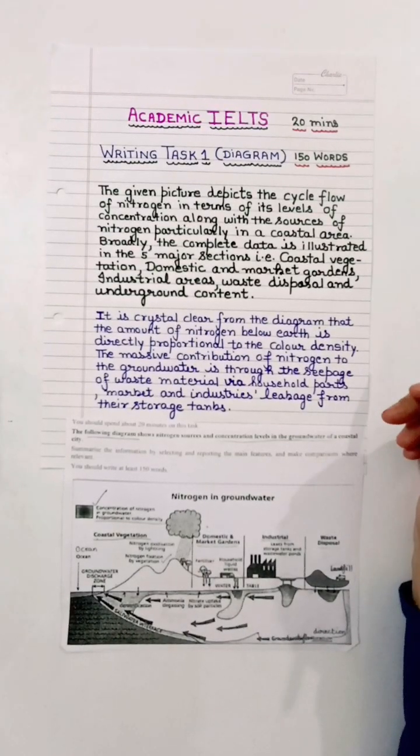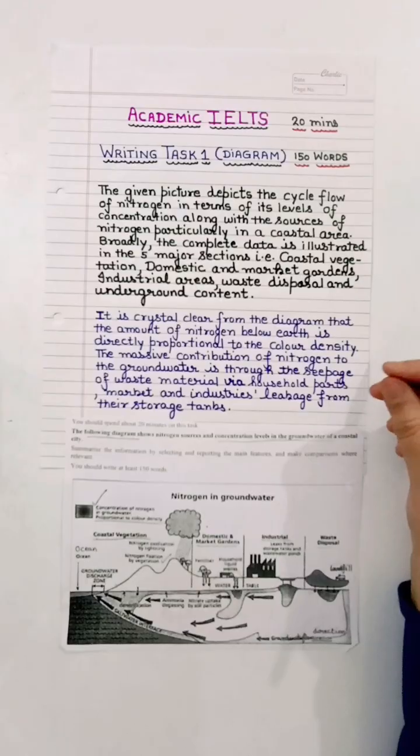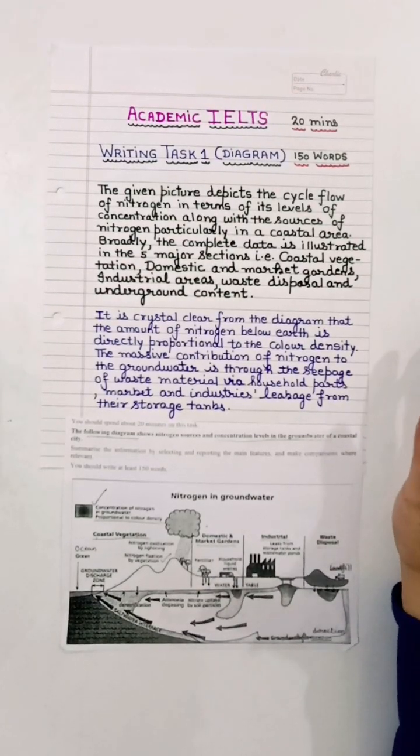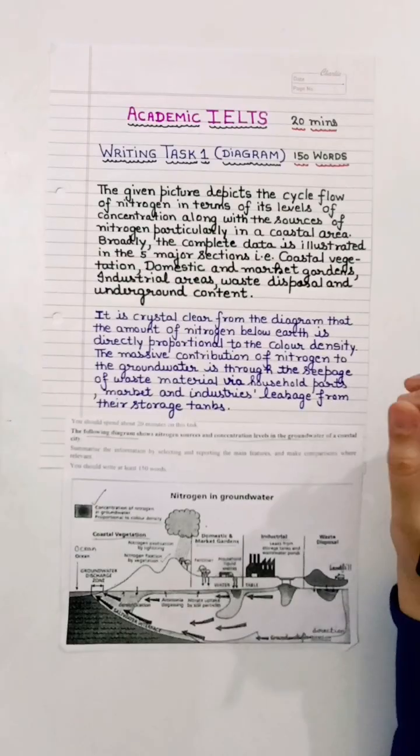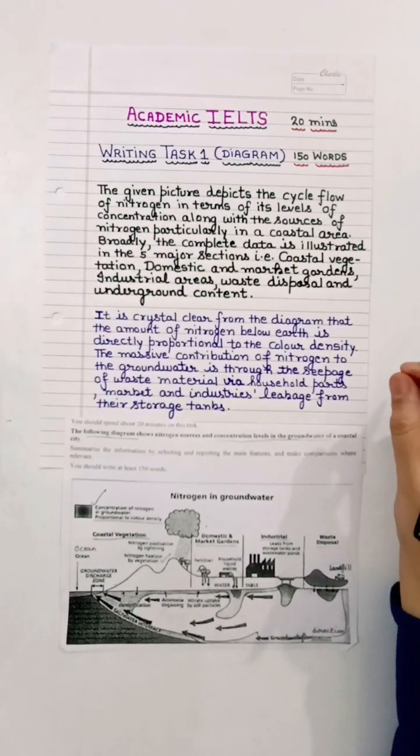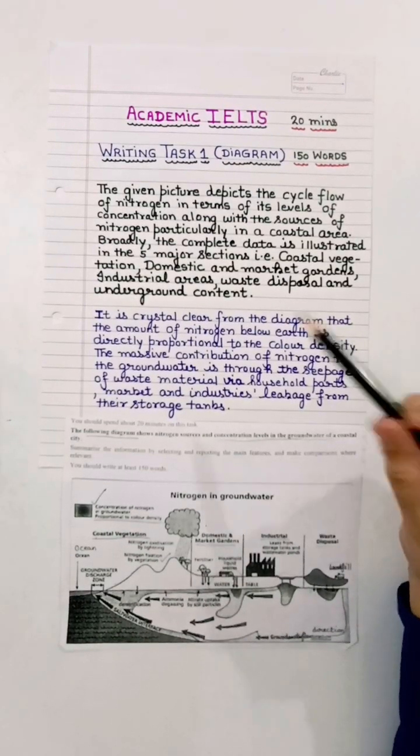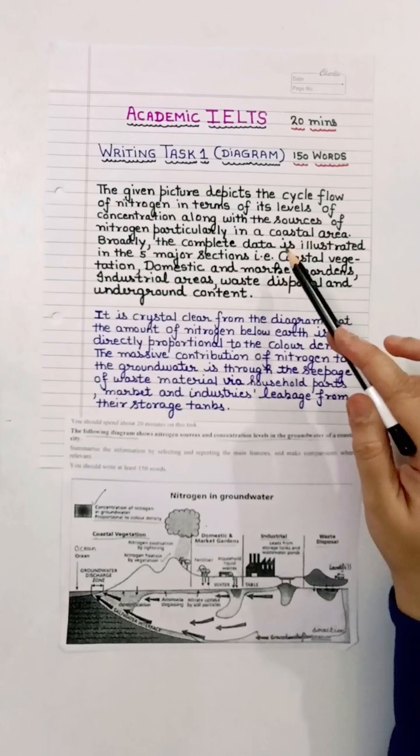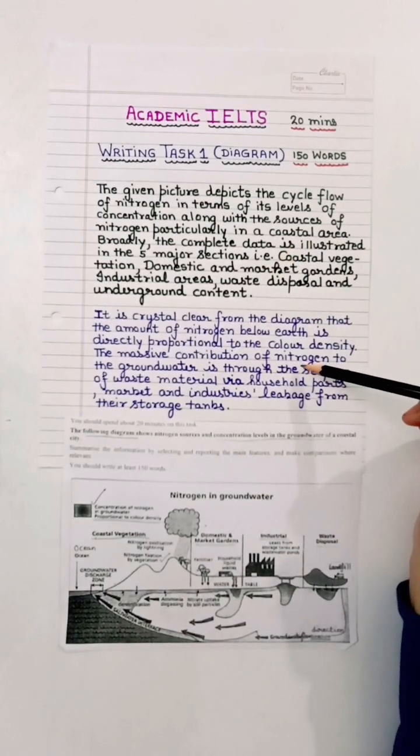Students have their tendency to write the reason for each thing. No, no, no. We are not going to write anything on our own, even if that is correct. Never. Writing task 1, we are done with the introduction, we are done with the overview.